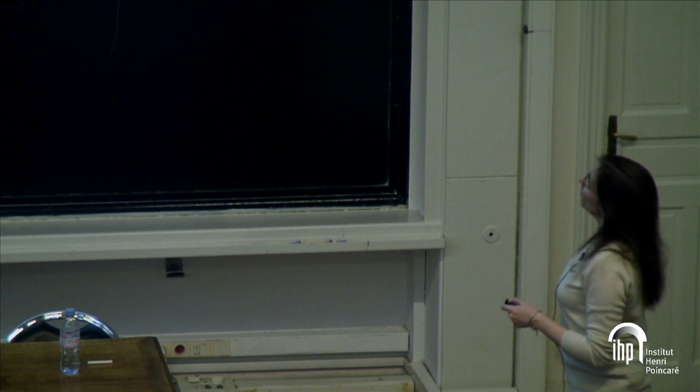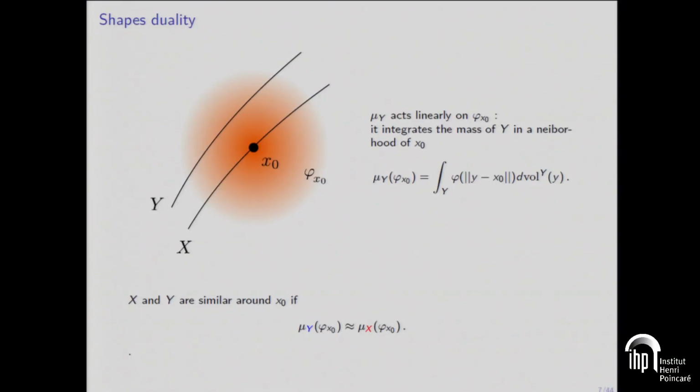So now you can generalize to the complete shapes, and the distribution associated to a shape y, when it is applied on a basic test function phi centered at x0, integrates the mass of y weighted by this test function.